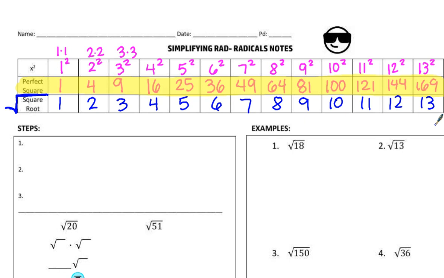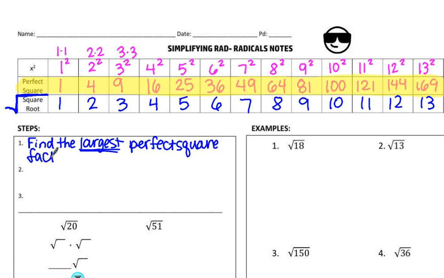All right, our first step in simplifying our radicals is to find the largest, keyword, perfect square factor of a given number.